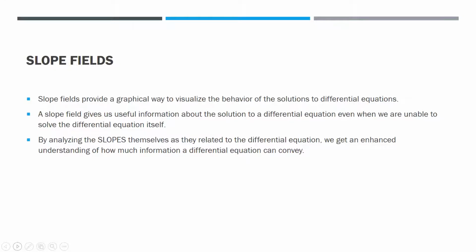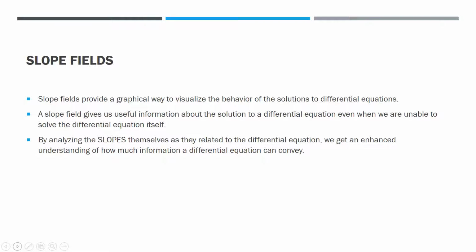The other part of Unit 7 is slope fields. Slope fields provide a graphical way to visualize the behavior of the solutions to differential equations. A slope field gives us useful information about the solution to a differential. So we use slope fields and differentials. They go hand in hand because the slope field is a representation of the differential. So you learn them at the same time.